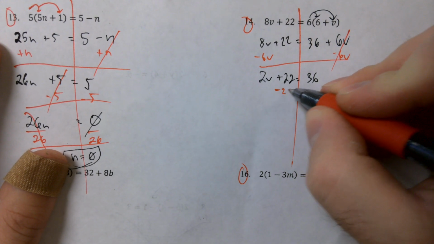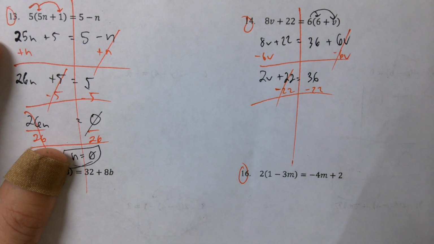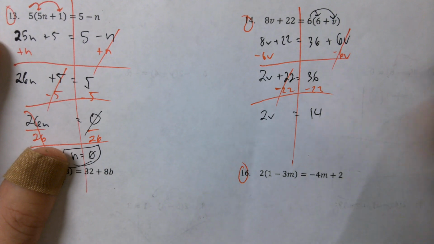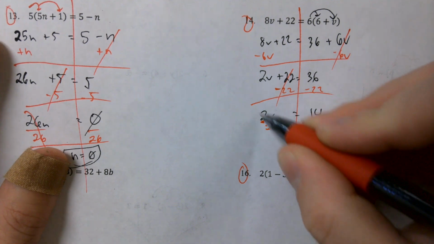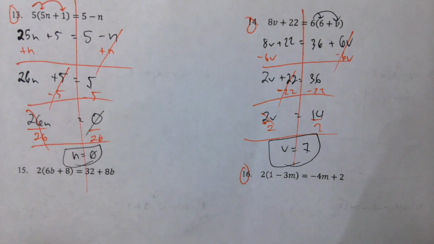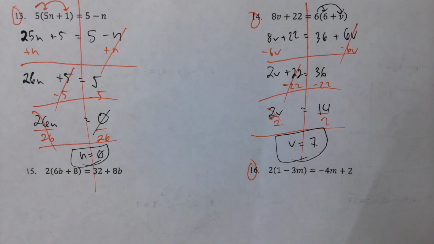Bring my number to the right, giving me 14. And I'll divide by 2 to get 7. Thumbs up if you got 7 for 14. Anyone get 7? Yeah? 1, 2, 3, 4, 5. Okay.